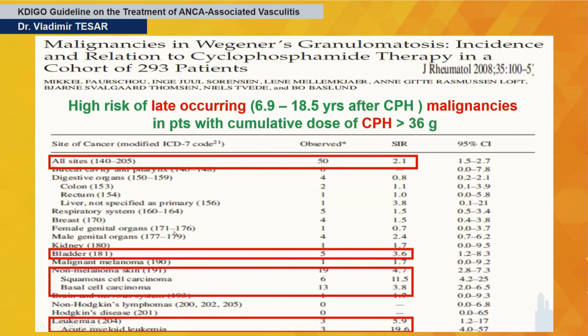And we know that one of the major problems with cyclophosphamide used repeatedly with high cumulative dose is the high risk of late occurring malignancies, not only of the bladder, but also in other sites, including skin and including leukemia.